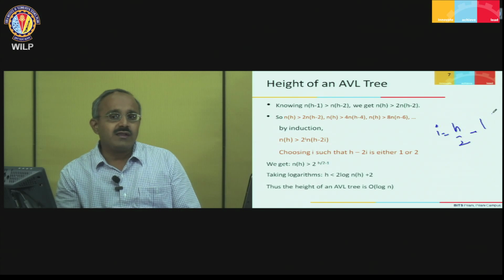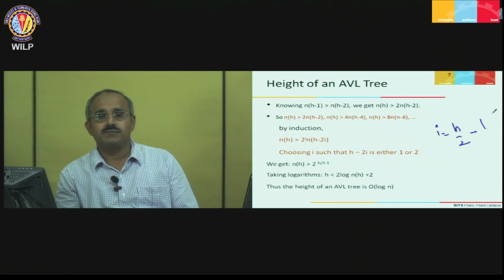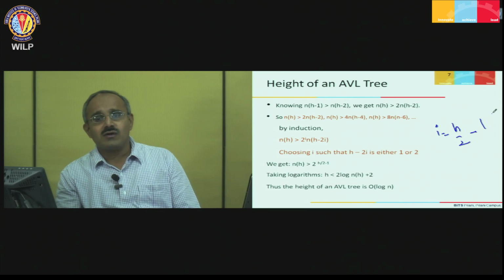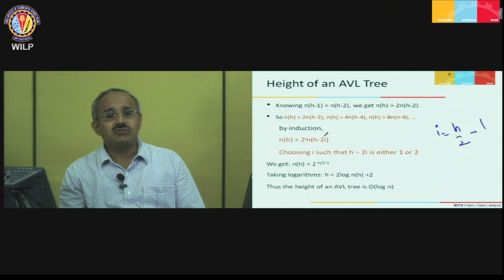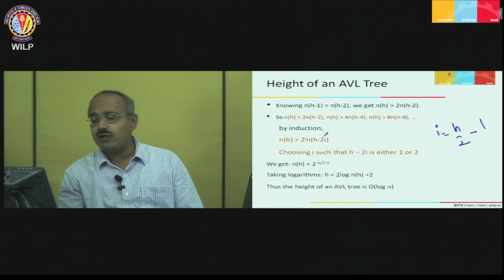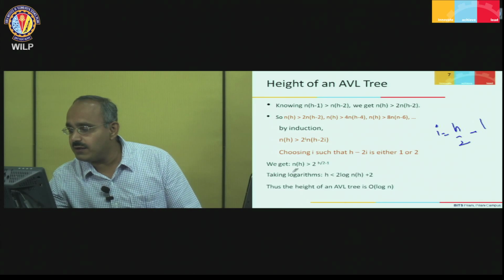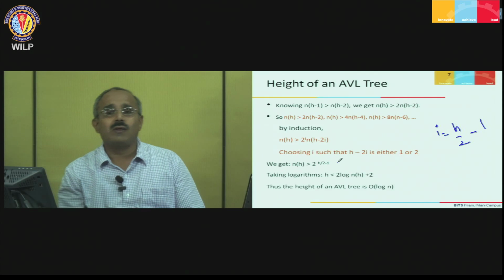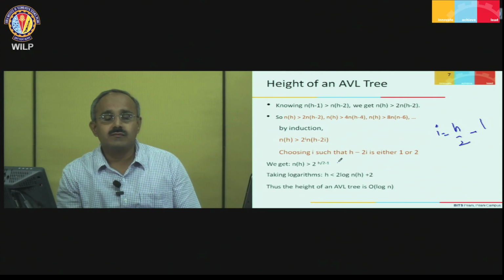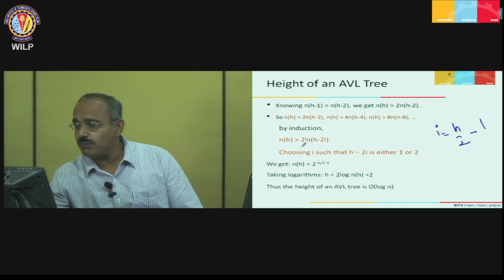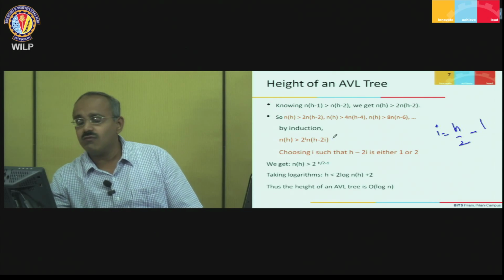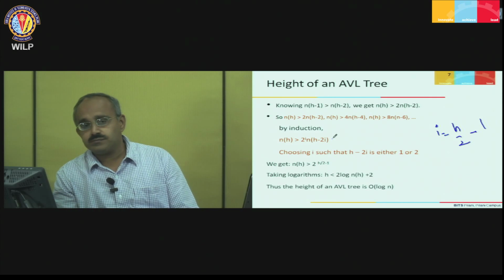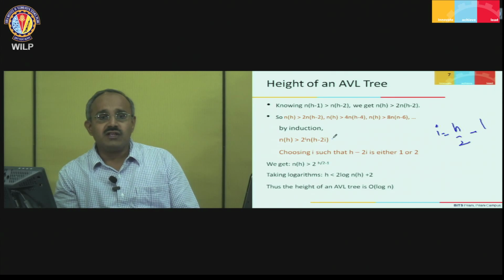In either case, I will get n 1 or n 2, which we already know is either 1 or 2. So, putting this in the equations, one can do some algebra and prove that n h is bigger than 2 to the power h by 2 minus 1. I am simply going to put i equal to h by 2 minus 1, and then we know this is precisely 1 or 2, depending upon h even or odd.